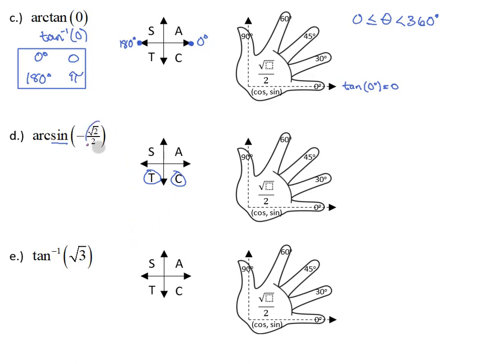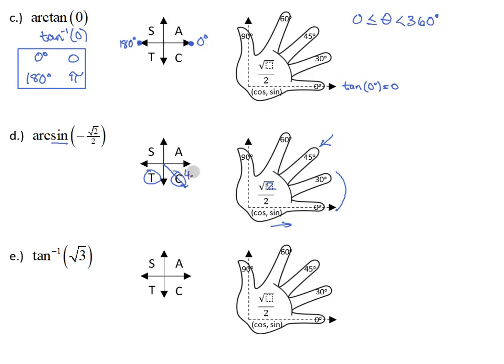Let's talk about how to get to root 2 over 2. So again, sine, we're kind of counting fingers on the right. So I know I'm going to need to leave two fingers up to get to root 2 over 2 on the right. Which means the finger we're going to need to put down is our middle finger, which corresponds to 45 degrees.